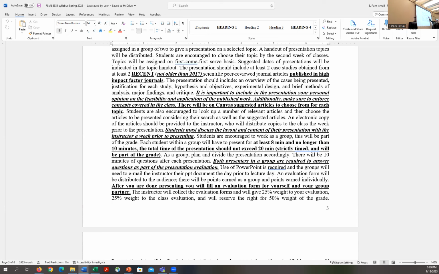Additionally, make sure to enforce concepts covered in the class. So we talk about basics, and then you're going to see some of that in the papers. So basically, when you're presenting, you want to say, as we learned in class, this relates to this topic and so on. Because you want to cement a certain idea by looking at what literature is out there.